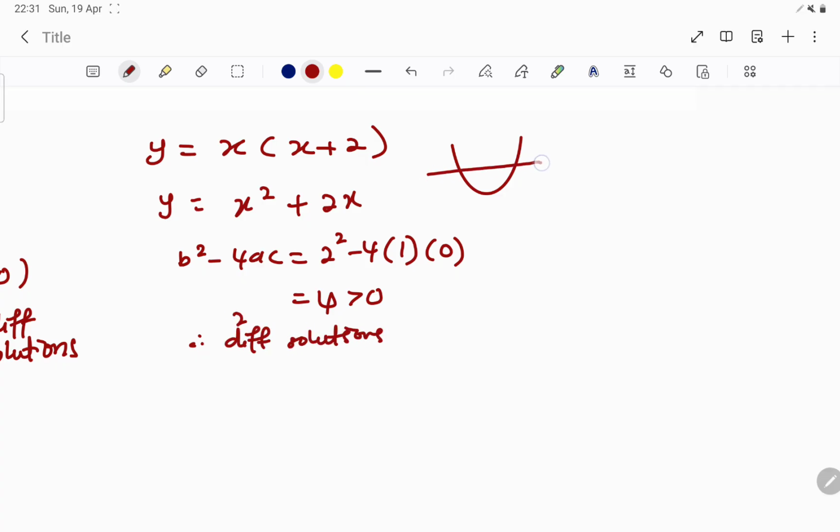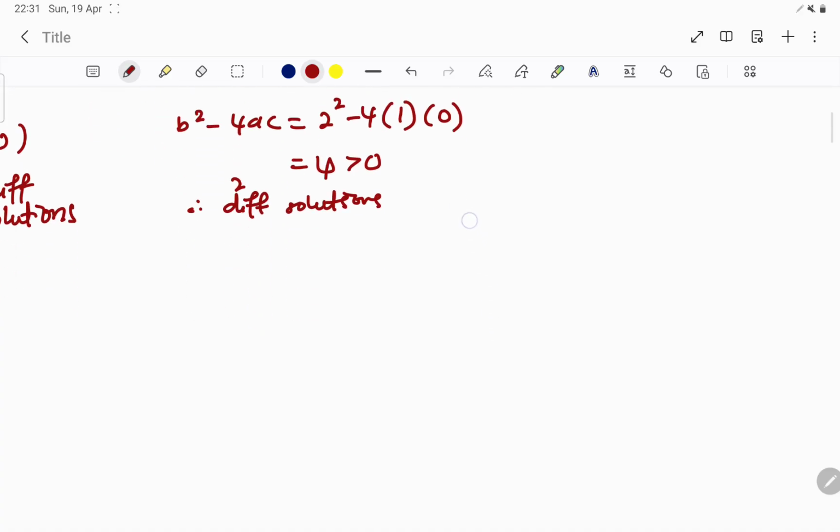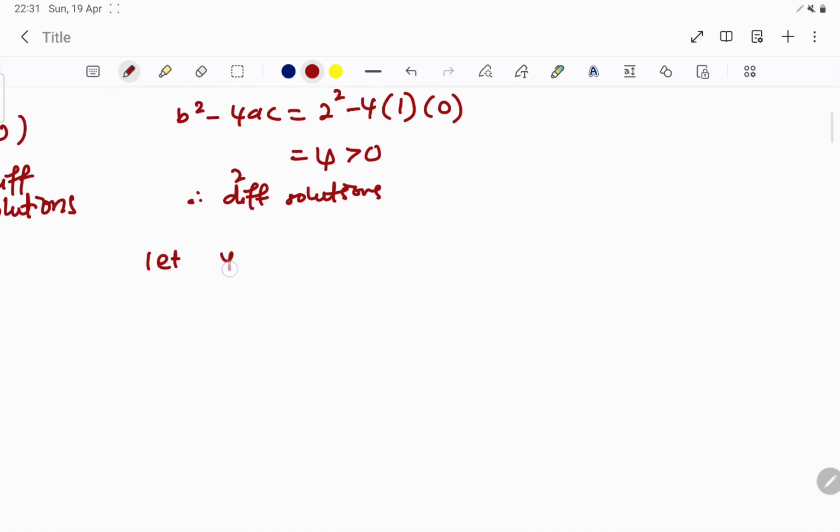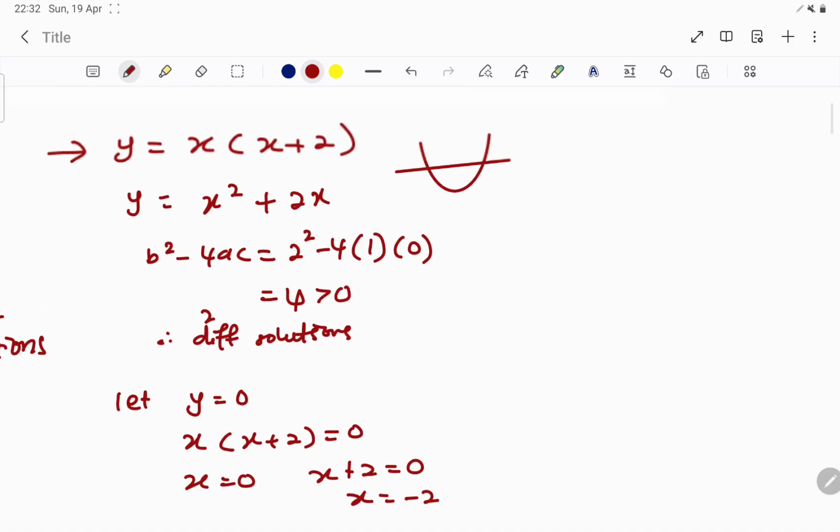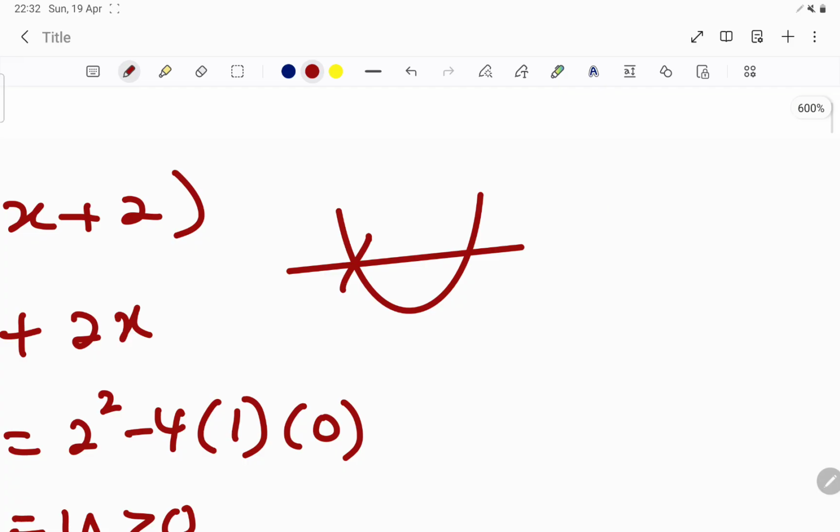To find the values of x, you let y equal to 0, so x(x plus 2) equals 0. Then x is equal to 0, and x plus 2 equal to 0 gives x equal to negative 2. So your roots here are negative 2 and 0.